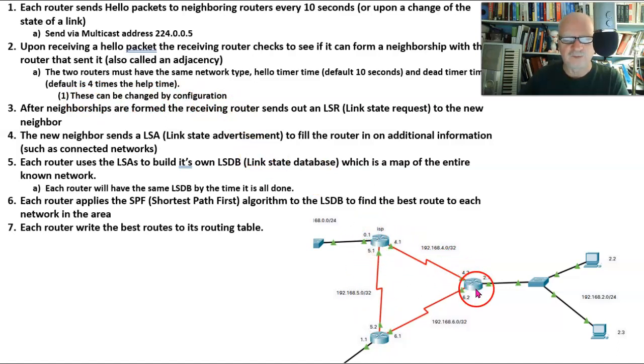Once these neighborships are formed, they send out link state requests. They request more information. So each router will send more information to its neighbors. The new neighbor will send out link state advertisements in response to these LSRs or link state requests.